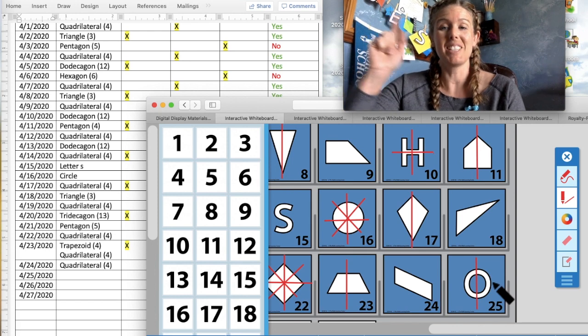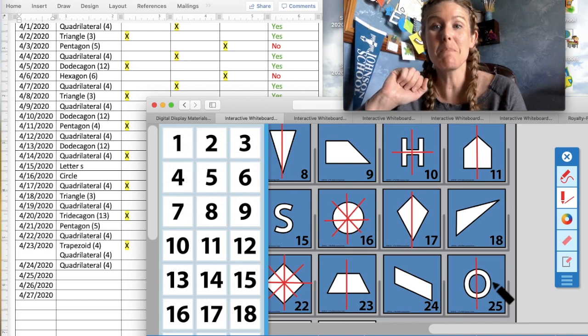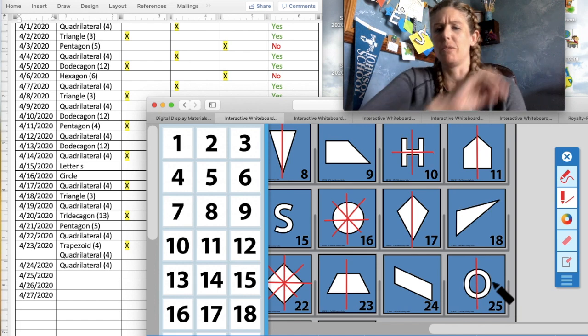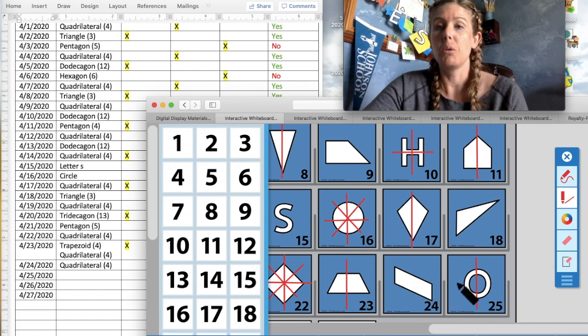Oh my goodness, that's right. It would be symmetrical. Give yourself a pat on the back. Nice job, first grade. We can also fold it this way. We know that we could have 4 parts, and what is so amazing about the circle is we could even have more. I could keep going on and on.